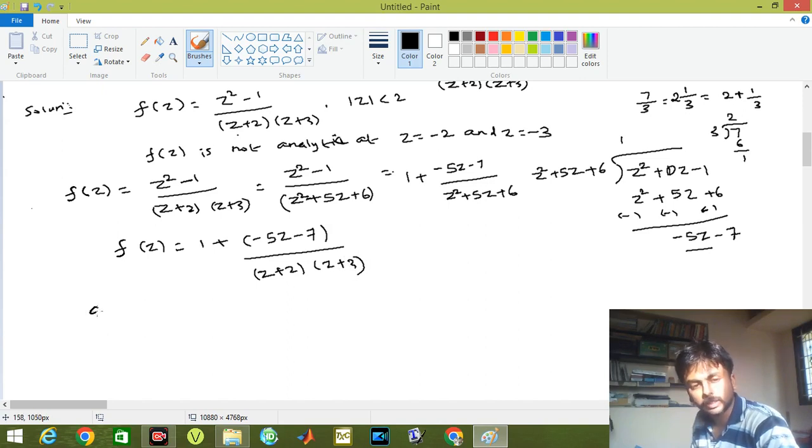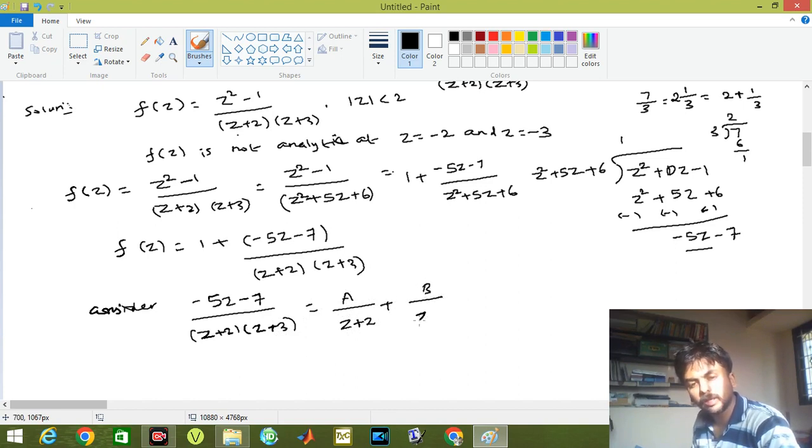So now consider minus 5z minus 7 divided by z plus 2 into z plus 3, that is equal to A divided by z plus 2 plus B divided by z plus 3.